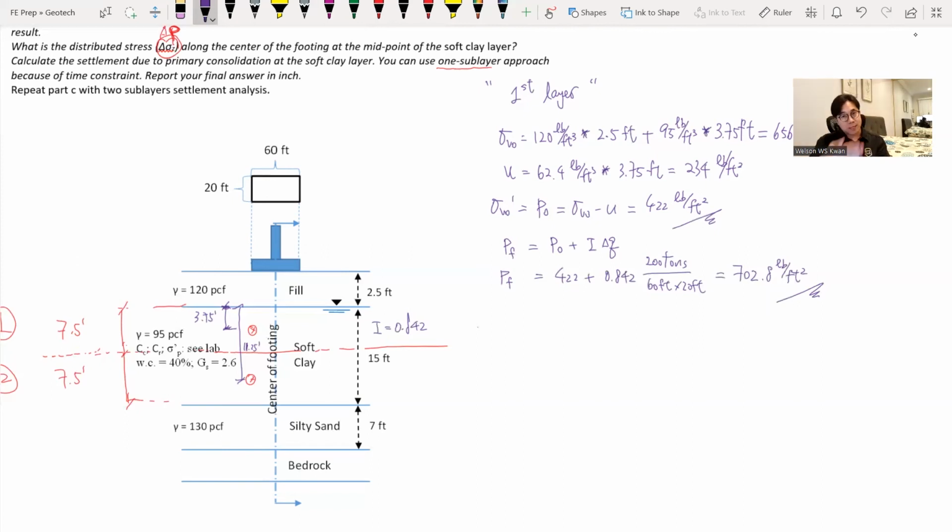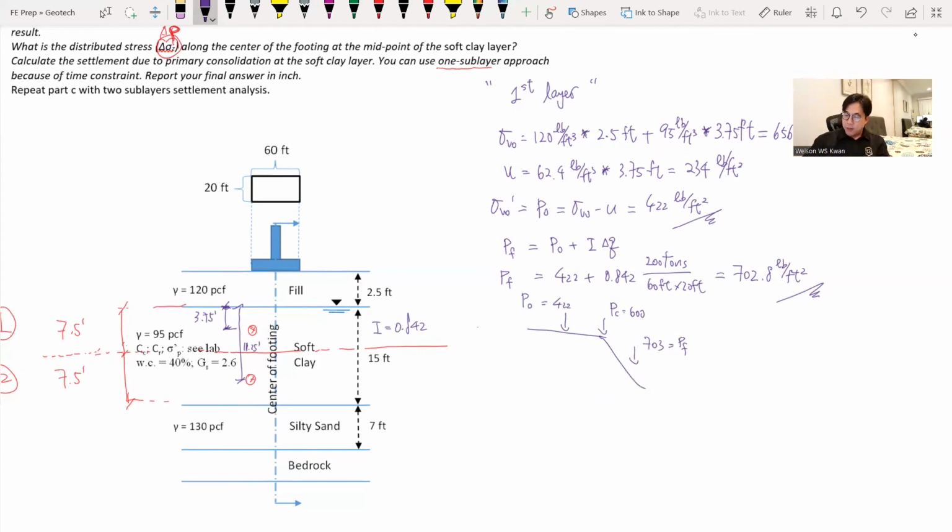In settlement analysis, we always compare that with the maximum past pressure from the consolidation test, which is given and we found it in part A. This is 600. The initial stress, 422, is less than that, and our final stress is 703.